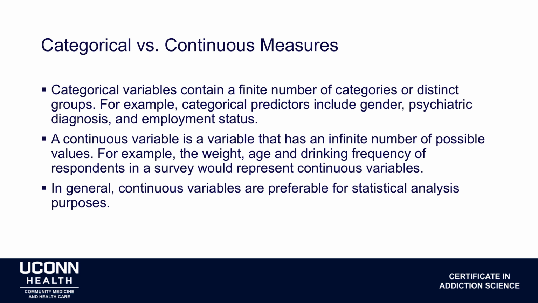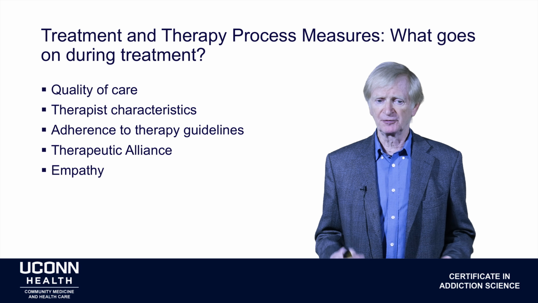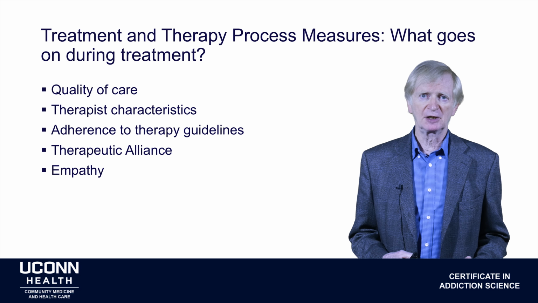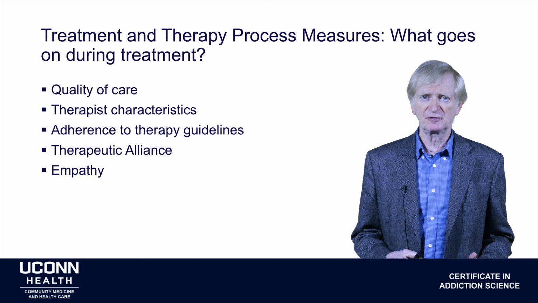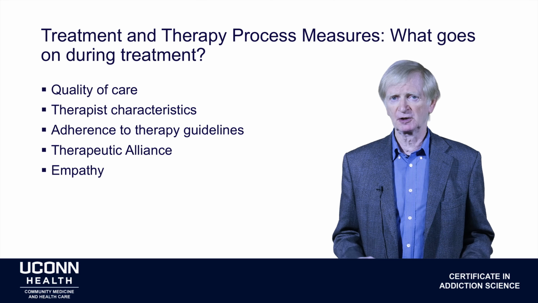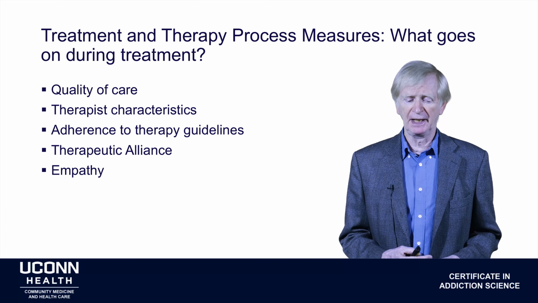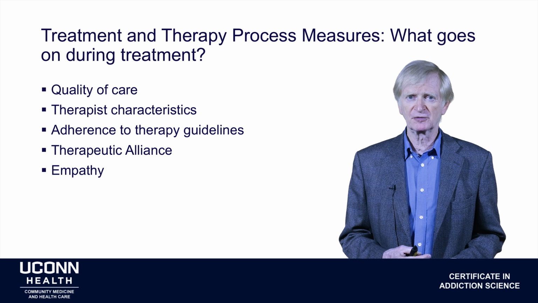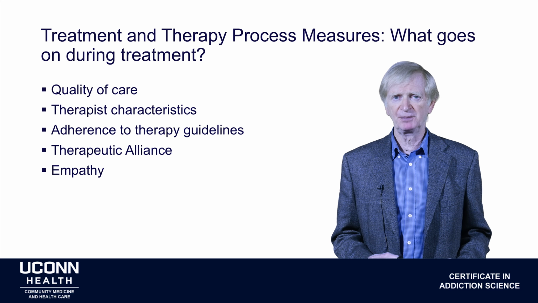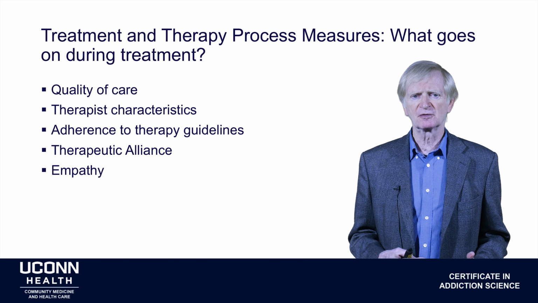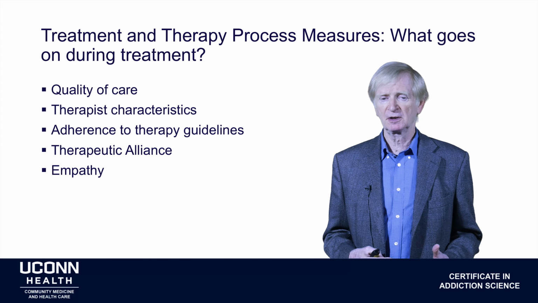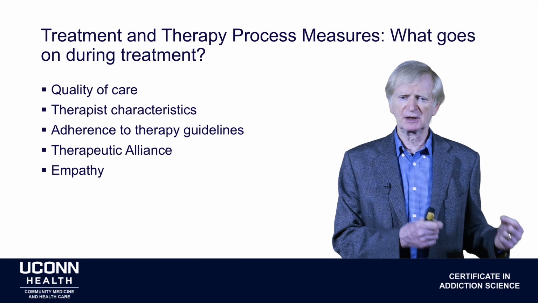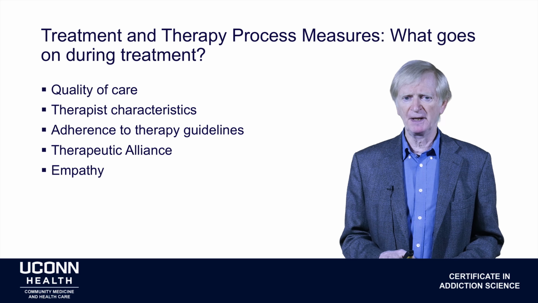Other variables that we want to measure in treatment outcome studies and measure these things at baseline are the quality of care, the therapist characteristics, adherence to therapy guidelines, the therapeutic alliance that develops between a patient and a therapist, and the degree of empathy. All of these things may have an important effect on whether a particular treatment is associated with better outcomes.